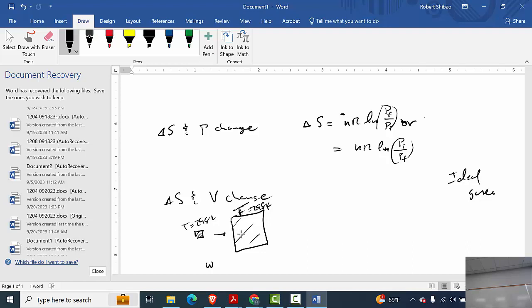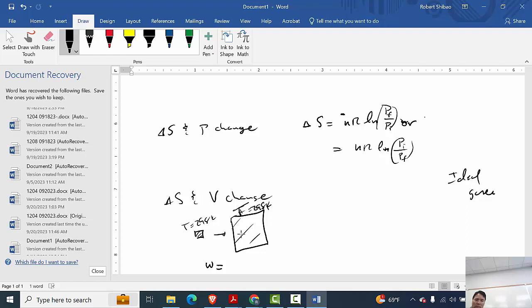And where did that energy come from? The energy came from the surroundings. So the surroundings are going to get cold. And so here, this is isothermal. The energy for the work required to expand the gas is going to come from the surroundings.